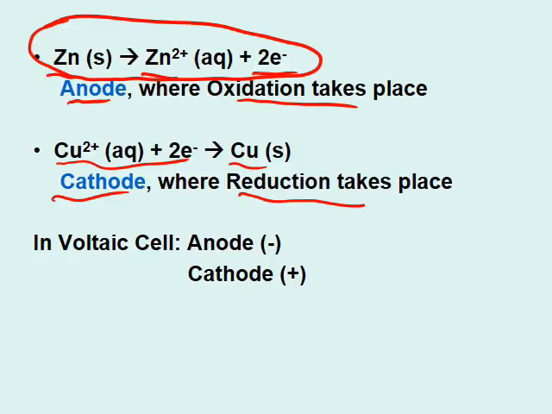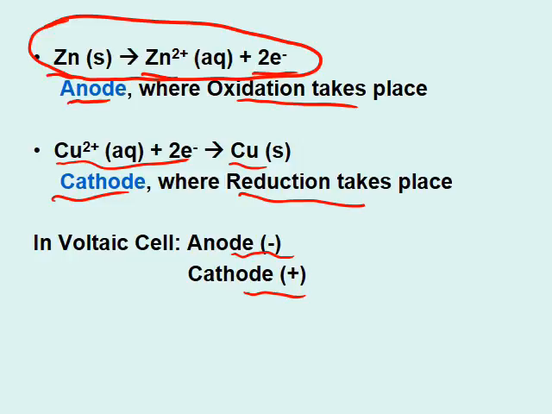If you look at a voltaic cell like a battery, you'll see there's a negative sign and a positive sign. The anode has a negative sign and the cathode has a positive sign in a voltaic cell. This is a convention. At the anode, oxidation takes place, so scientists decided to assign a negative sign there.